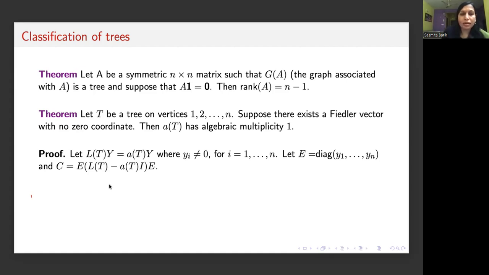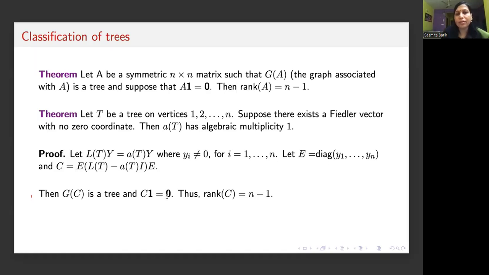Then you can observe that the graph corresponding to C, because the graph corresponding to L_T was a tree, and here you just changed the entries by multiplying the diagonal matrix on both sides, so this C will again be a tree. So the graph associated with C is a tree, and the way we have done this, if I take the row sums of this matrix, they will come as 0.